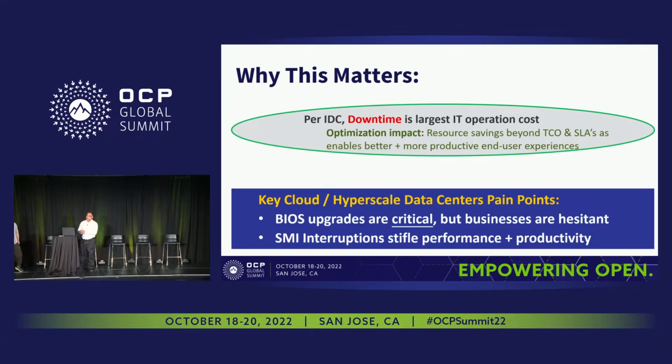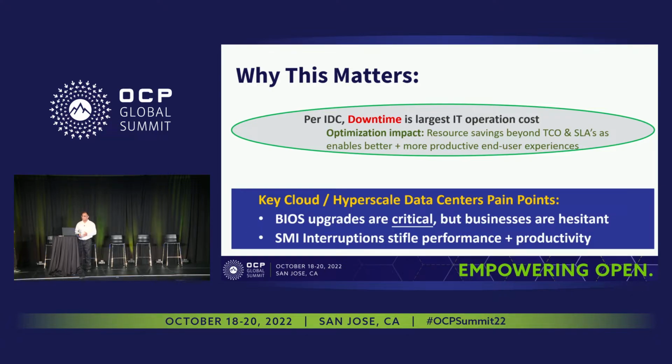So if you look at the IDC reports, if you break down the total IT operation cost, one of the costs is related to the downtime, other than you have to buy the system and get it operational, and you have other maintenance things going on. But the bigger budget is going to the downtime. When you have services down, sometimes you have to pay some money back, or you are taking some penalties.